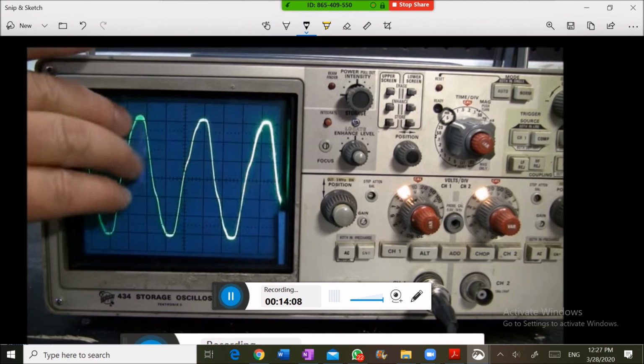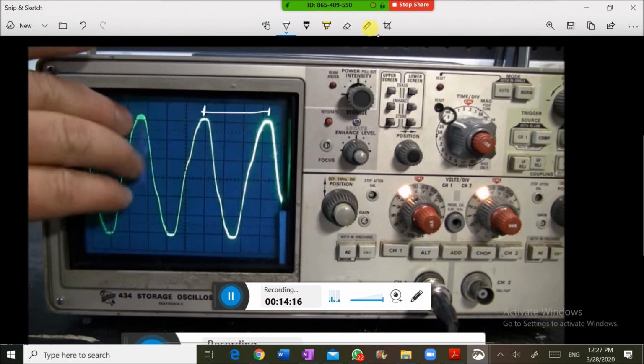Here, guys, I have to measure the distance from peak to peak. Here it is approximately 3.1, something like this, or 3.2 maybe. It will be very clear in the past paper.